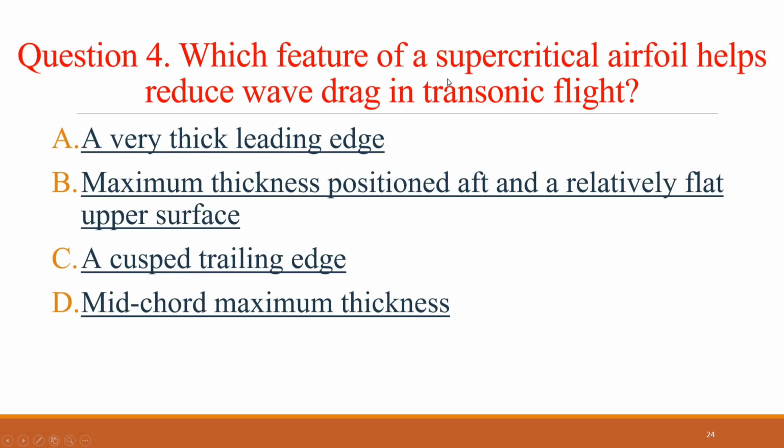Question 4. Which feature of a supercritical airfoil helps reduce wave drag in transonic flight? The correct answer is maximum thickness positioned aft and a relatively flat upper surface.